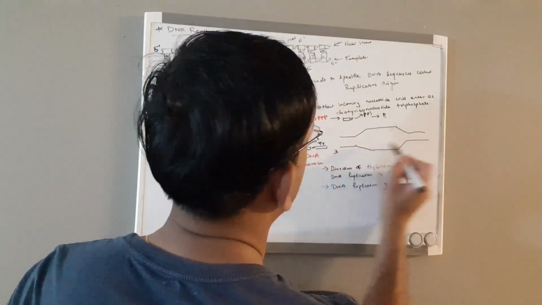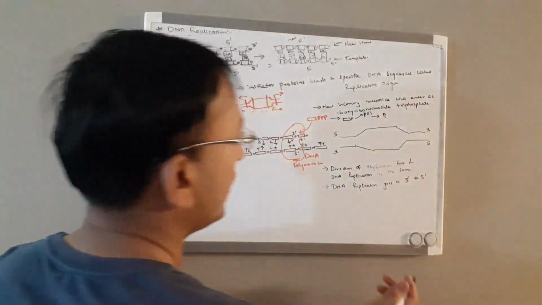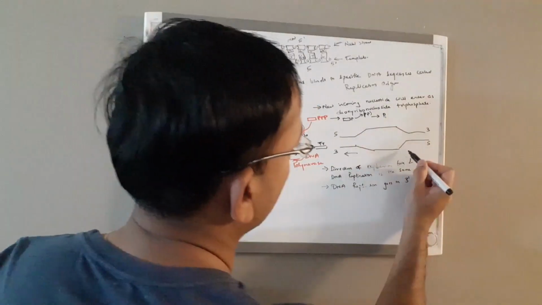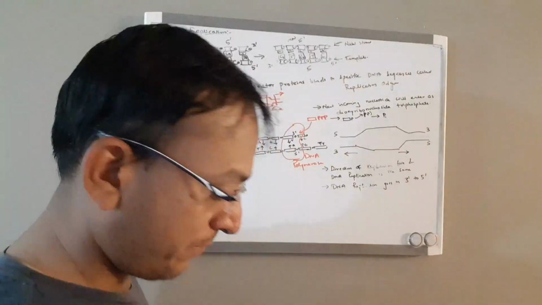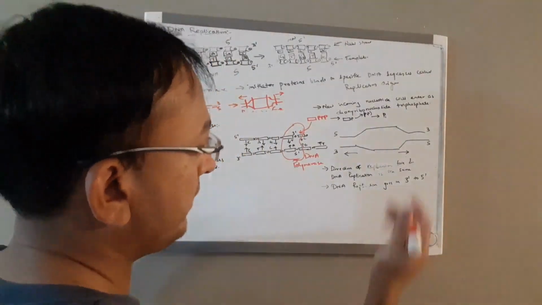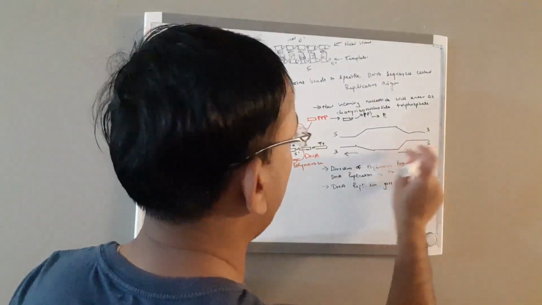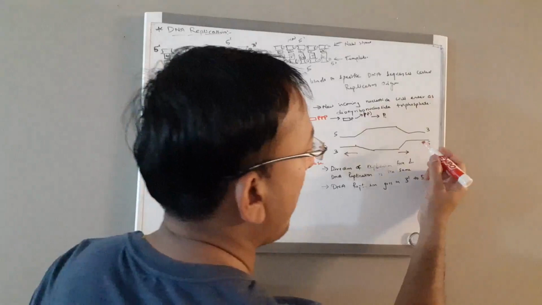So this is 3 to 5, this is 5 to 3, right? One replication fork is going this way, one going this way. The new DNA formed on this replication fork will be in the 3 to 5 direction this way.